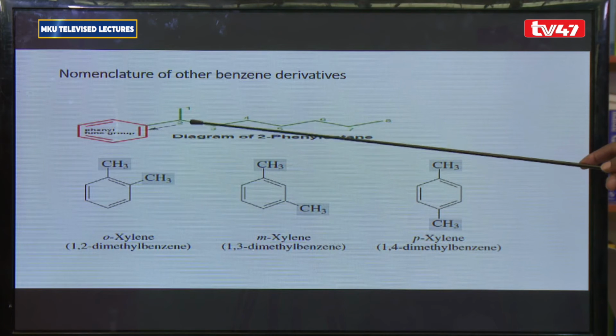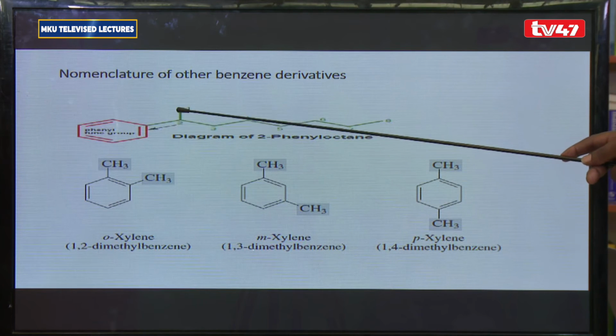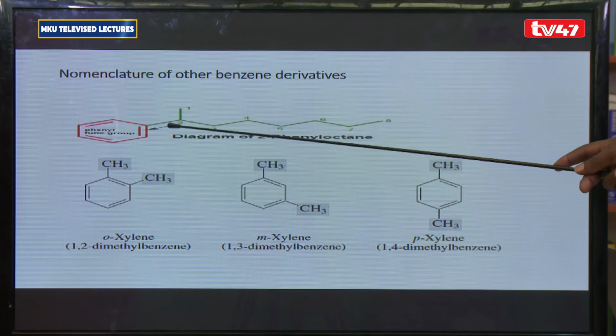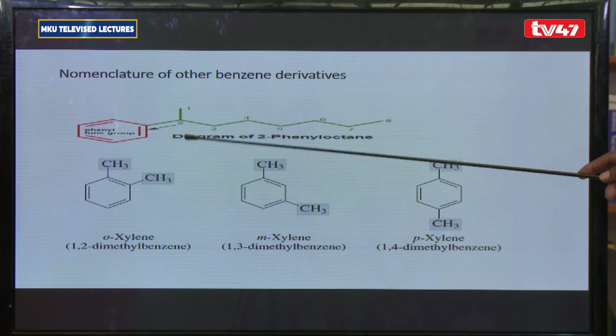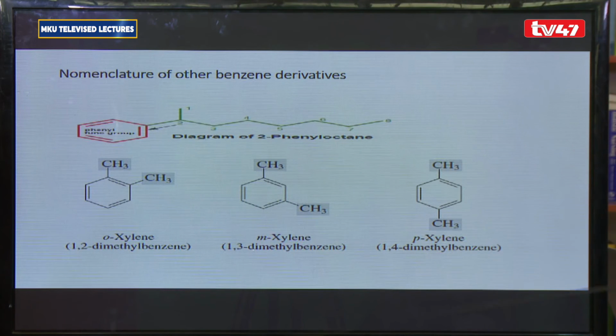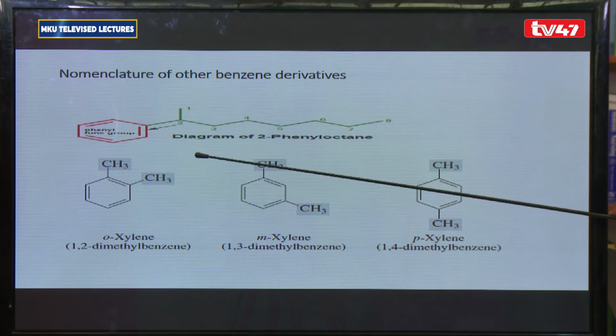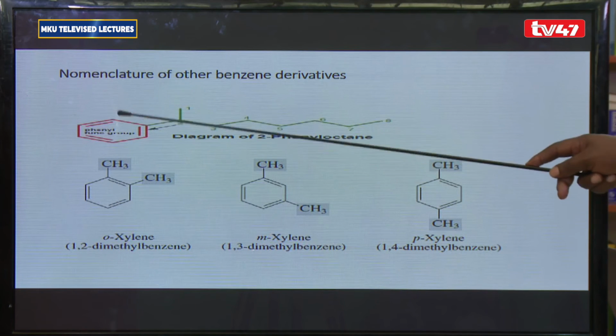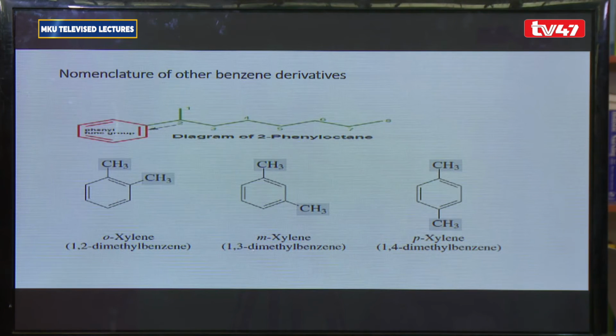So instead of saying that this is octylbenzene, we say that this is 2-phenyloctane. So we are now looking at benzene as phenyl, the term used for a benzene that is lacking one hydrogen, as a substituent. So the benzene ring becomes a phenyl substituent.